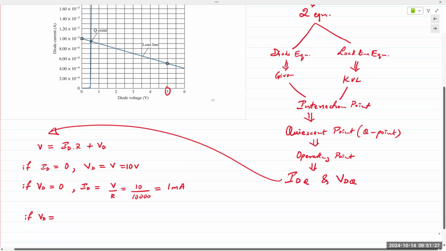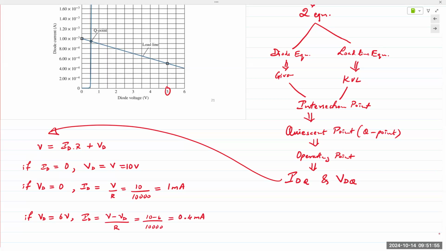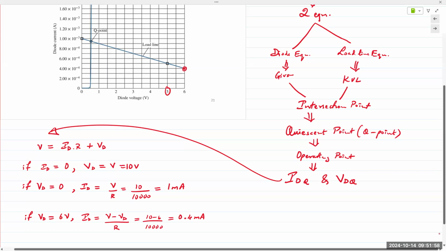So if VD is equal to 6, what is the value for ID? Well, ID would be V minus VD divided by R. So that would give me 10 minus 6 divided by 10,000. And it gives me a value of 0.4 milliamps. So now I have a point that is on the chart itself.